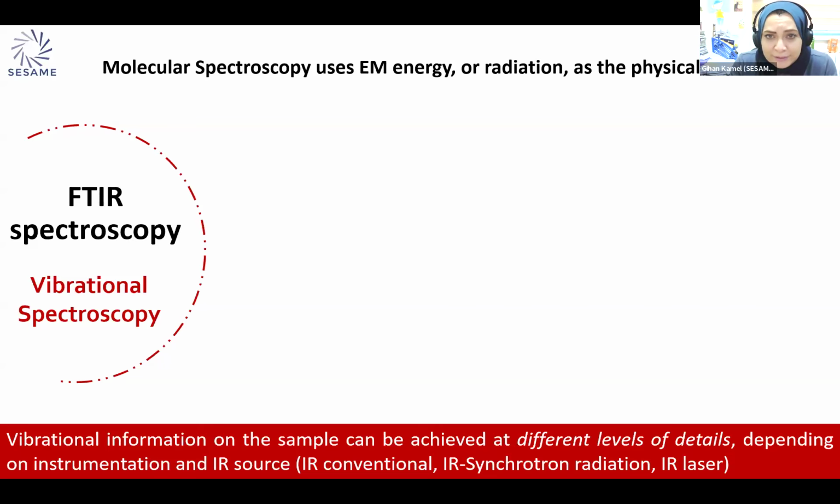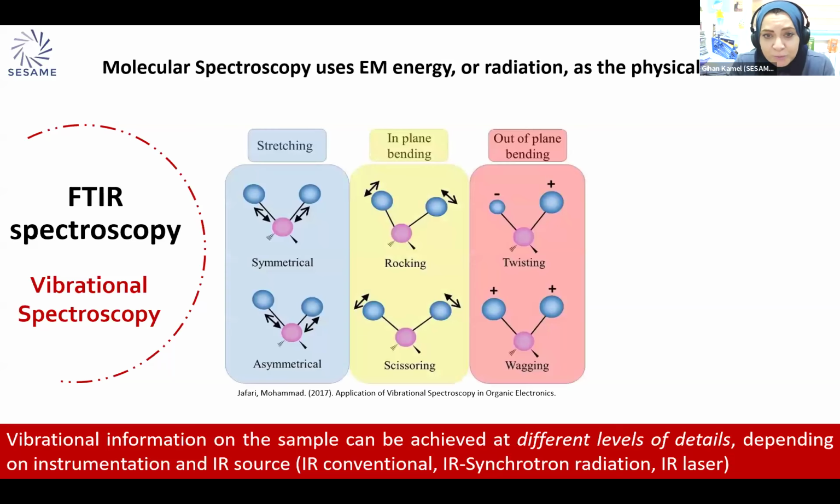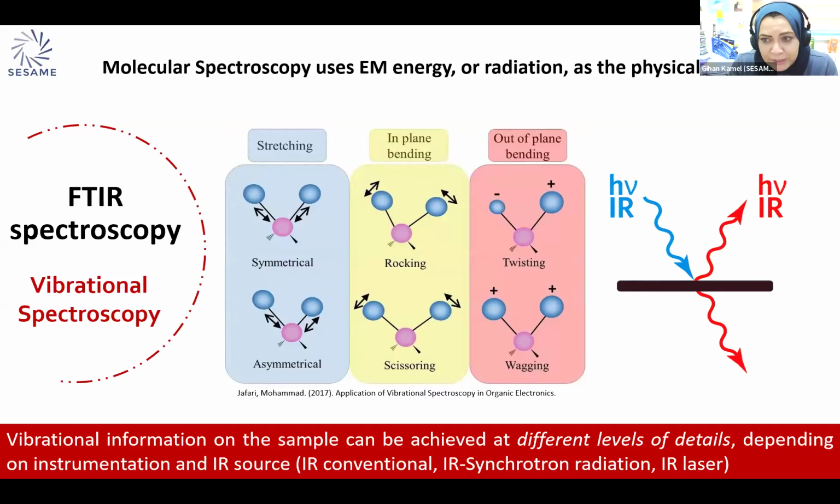So I'm talking about Fourier transform infrared spectroscopy. It's a vibrational spectroscopy technique. I'm not sure how many of you already know about the vibrational modes of the infrared, but these are the six that you see here. We always have to remember that it's a molecular spectroscopy technique that uses electromagnetic energy or radiation as a physical stimulus.